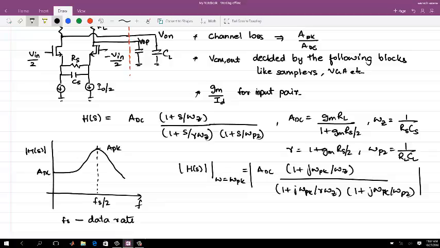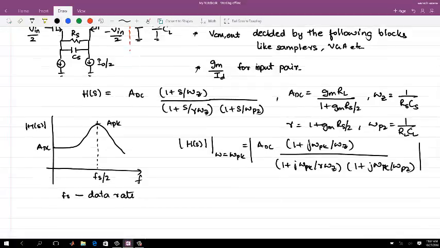Either you define A peak by A DC, or you define A DC and A peak independently. That's a variable parameter in your hands. But this expression is in terms of omega Z by omega peak, or omega peak by omega Z, and omega P2 by omega peak. Right? This is this expression.